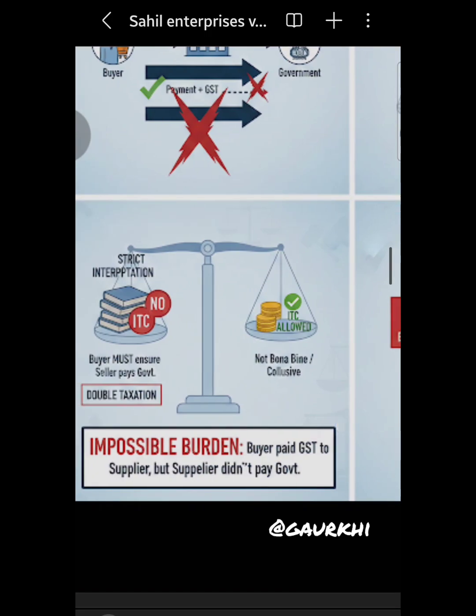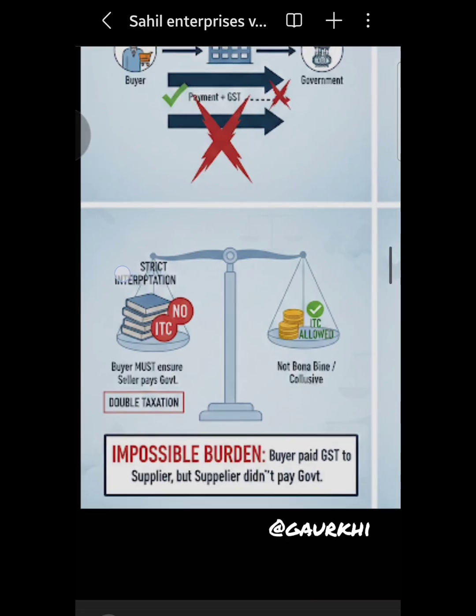I have already paid 100 on my purchases, and I'm taking the ITC of that 100 only. If you don't want to provide me that portion of 100 just because my seller hasn't paid, that will be double taxation for me, right?